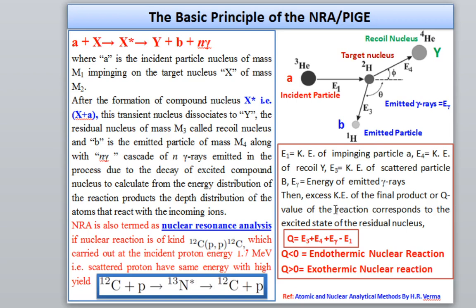That can be written as Q equals E3 plus E4 plus E gamma, minus E1, because total energy should be conserved. That is why this is the excess energy. If this excess energy is negative, less than 0, that is endothermic, meaning we have supplied energy. If it is positive, greater than 0, this is exothermic, meaning energy will be emitted.